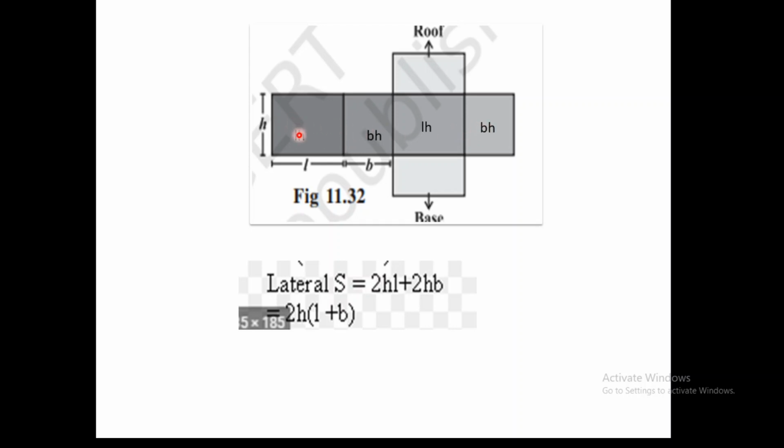For a room it is the area of 4 walls. So the area comes LH plus BH plus LH plus BH, that is 2LH and 2BH, that is the lateral surface area. What is cancelled? 2LB has been removed from the total surface area.